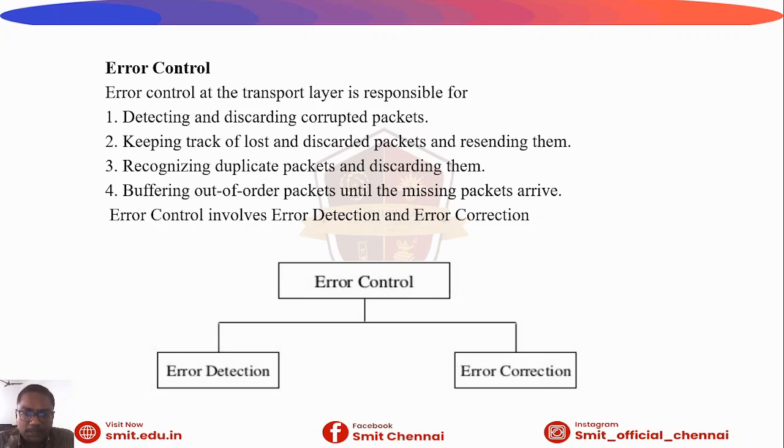So that particular packet will be kept in a buffer, a temporary storage, and it will wait until the missed packets arrive. In error control, there are two types of mechanisms involved. The first one is error detection, the second one is error correction. That is finding out the error, and after finding it, we need to correct the error.